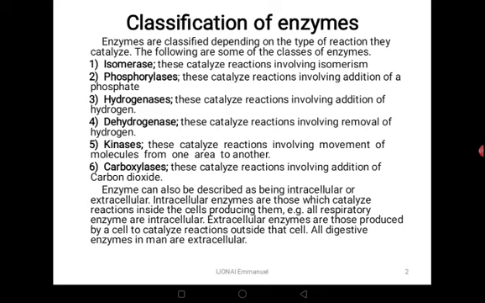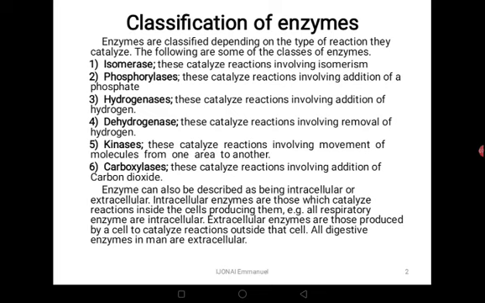Yeah, they catalyze reactions involving movement or transfer of molecules. Then we have carboxylases. These catalyze reactions involving addition of carbon dioxide into substances or into solutions. We also have decarboxylases. These catalyze reactions involving removal of carbon dioxide from solutions or substances.